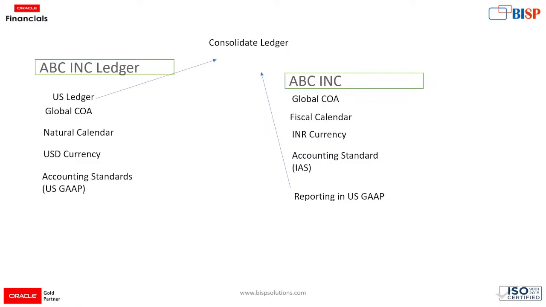So some of the major reasons for business users to migrate from QuickBook to Fusion: the business has scaled up to global level and has realized the importance of GRC, right? GRC is governance, risk and compliance, which ensures the security and stability of an organization. GRC is a framework that helps the business implement effective policies and procedures to manage risk, ensures compliance with the law and regulation, and maintains good governance practices.